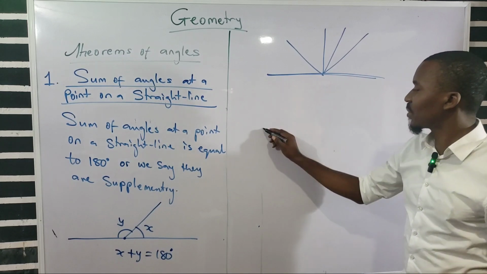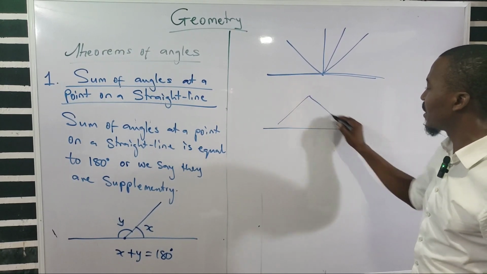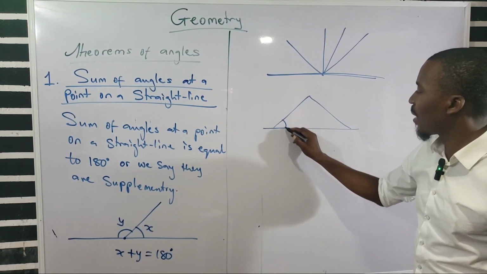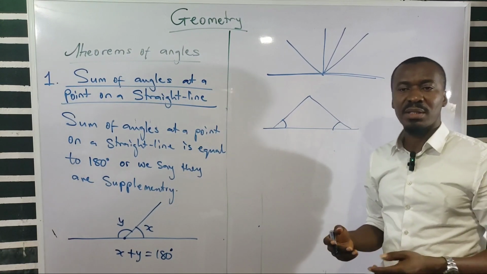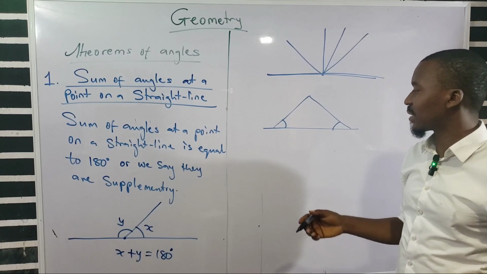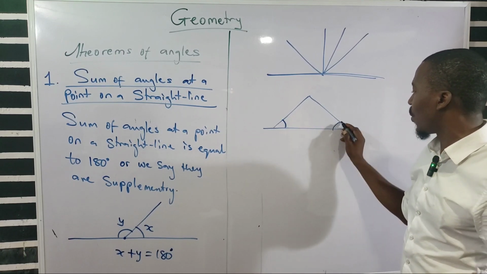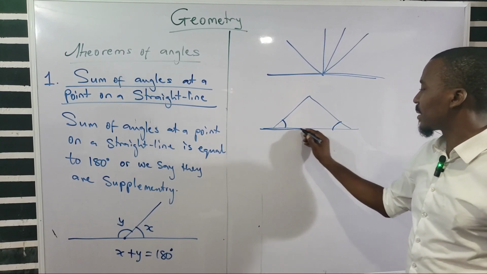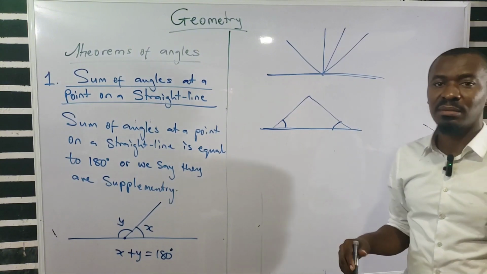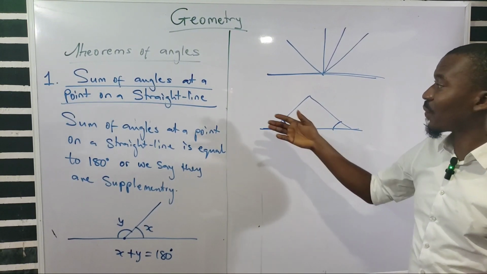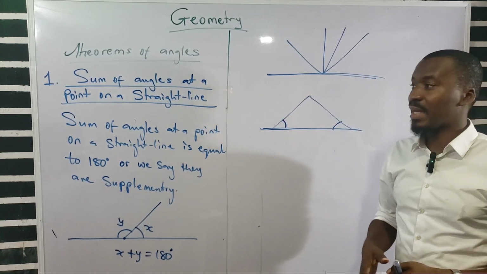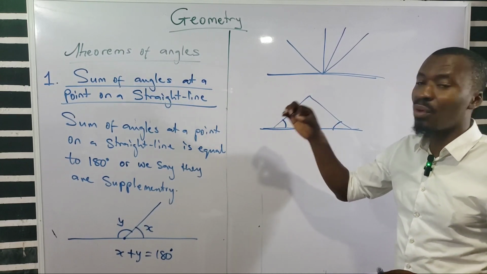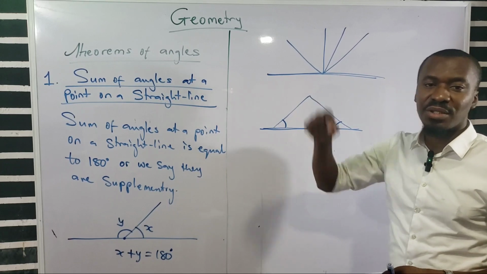Sometimes when we have something like this, with this angle and this angle, younger ones hear sum of angles on a straight line and will tell you that these angles are on the straight line, so the sum should be 180. I think the better way to tell the younger ones is the sum of angles at a point on a straight line.